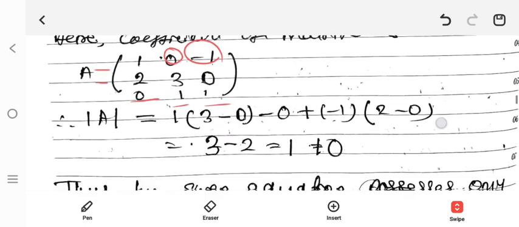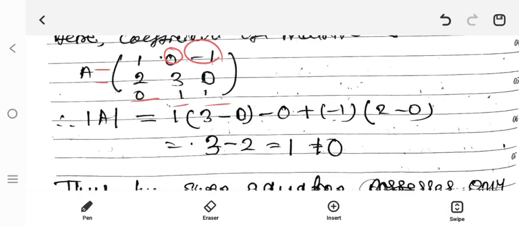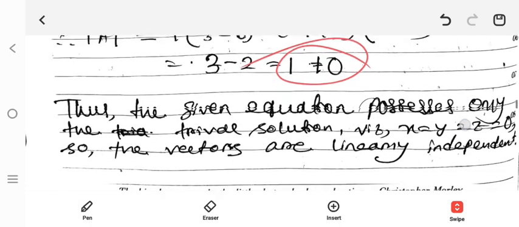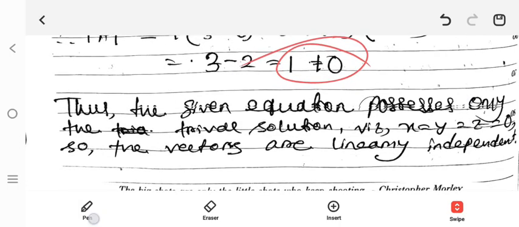The determinant of matrix A gives us 1, which is a non-zero value. Thus the given equation possesses only the trivial solution, that is x equal to y equal to z equal to 0, so the vectors are linearly independent.